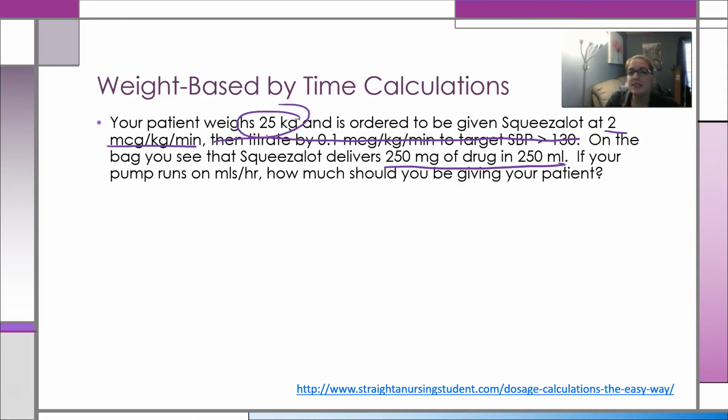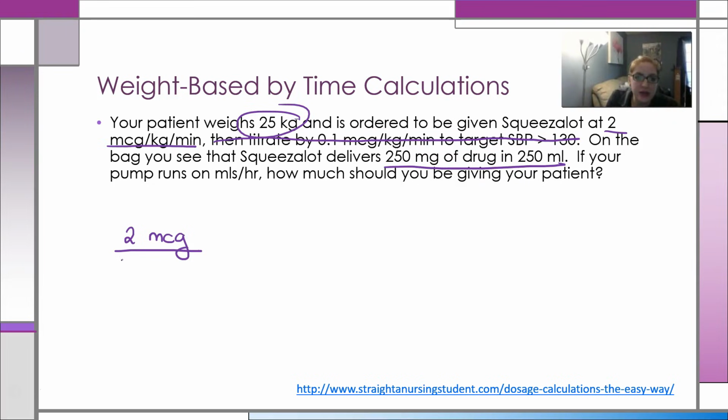So let's start with the order. This is what we always start with. Let's just keep that habit going. So what's ordered? The order is that 2 micrograms per kilogram per minute. How do we write that up? Well, 2 micrograms goes on top, and then both units that are behind the division will go on bottom.